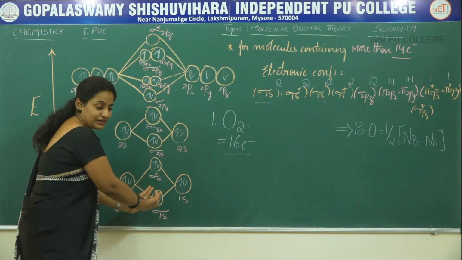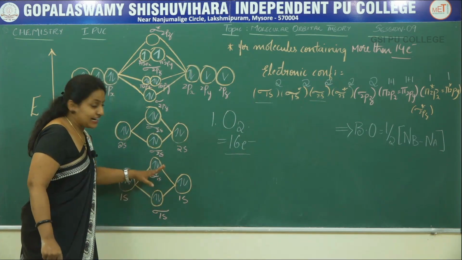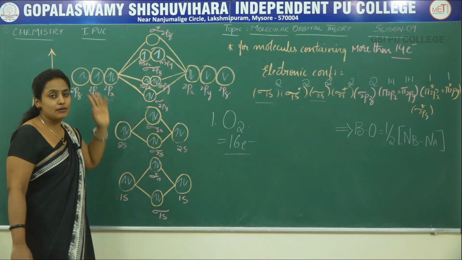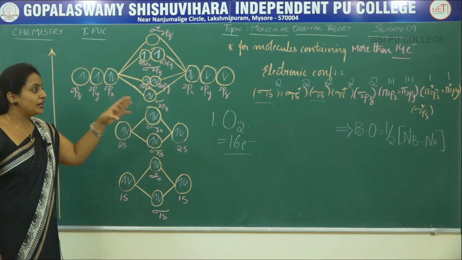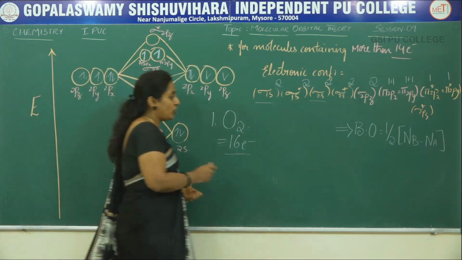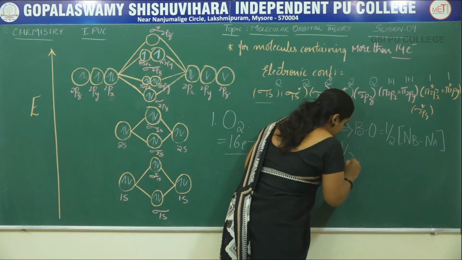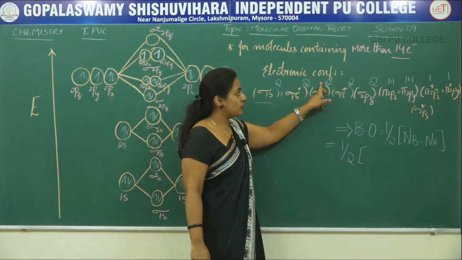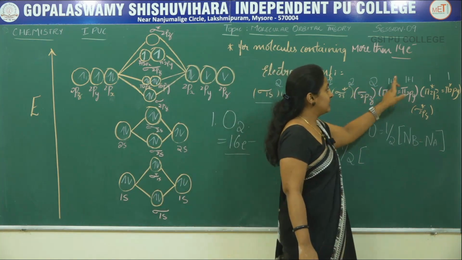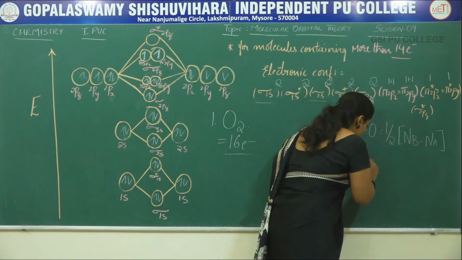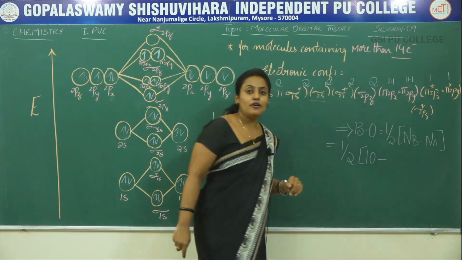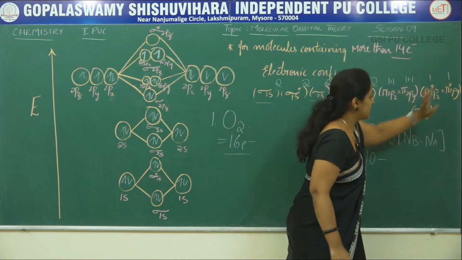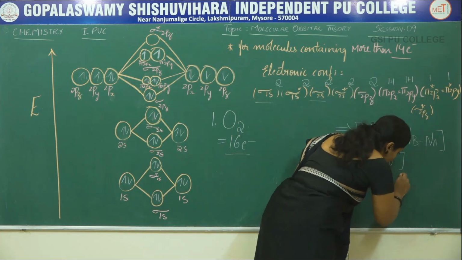When 2 atomic orbitals combine, they will give bonding and anti-bonding molecular orbitals, and electron sharing takes place in this manner. So, when you calculate the bond order, it would be half into the number of electrons in bonding, 2, 4, 6, 8, 10, that is 10 electrons in bonding, minus the number of electrons in anti-bonding, 2, 4, 5, 6, which would be equal to 2.